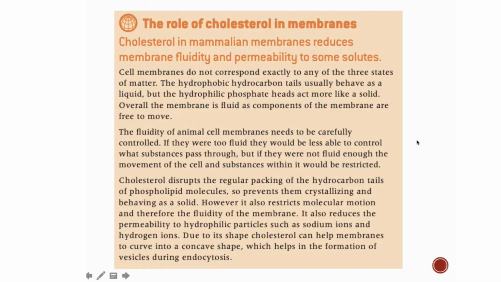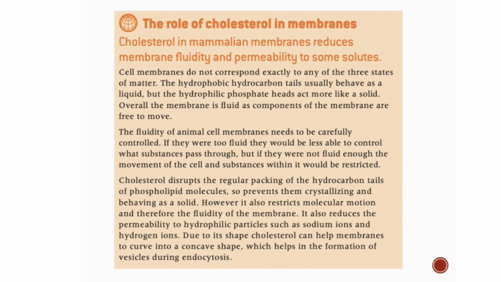As I said, the role of cholesterol is very important because the fluidity of animal cell membranes needs to be carefully controlled. If they were too fluid, they would be less able to control what substances pass through. But if they were not fluid enough, the movement of the cell and substances within it would be restricted. So cholesterol regulates the fluidity of the animal cell membrane, so it is neither solid nor very fluid.